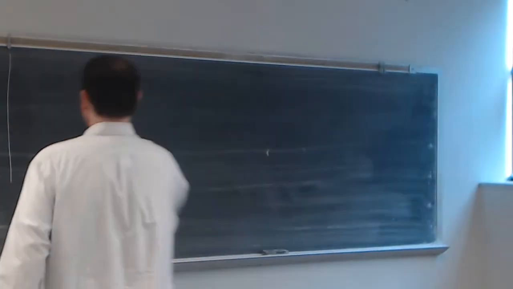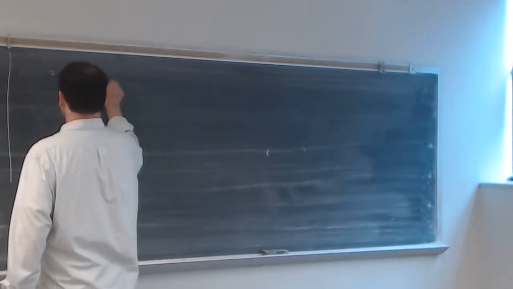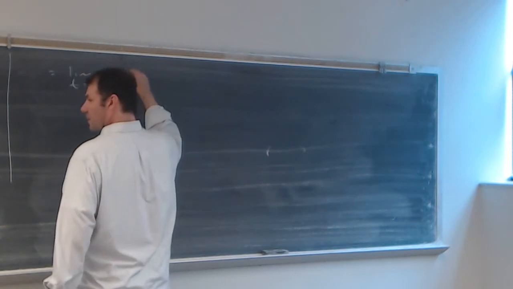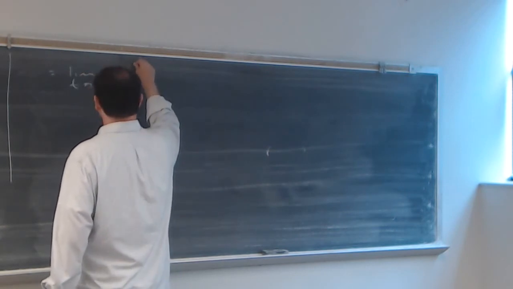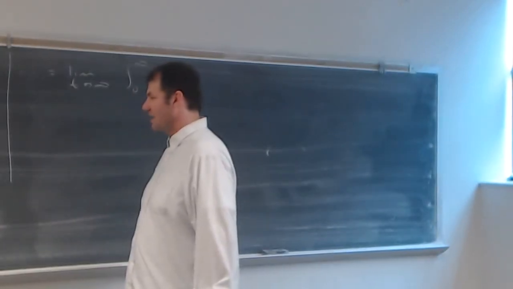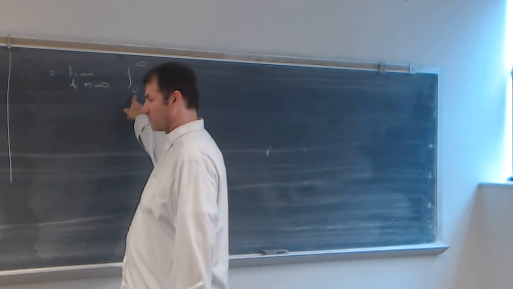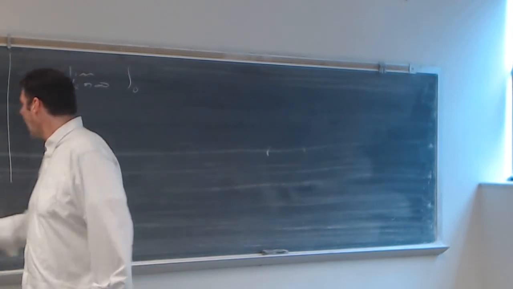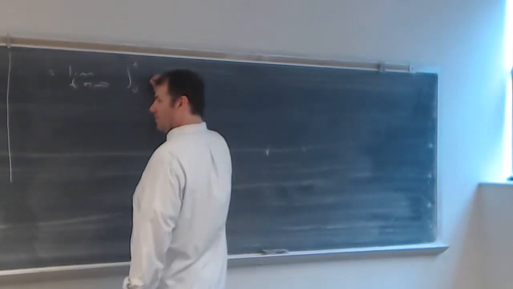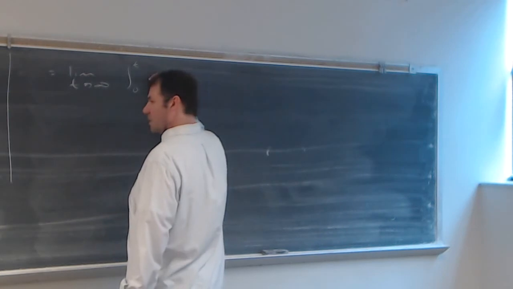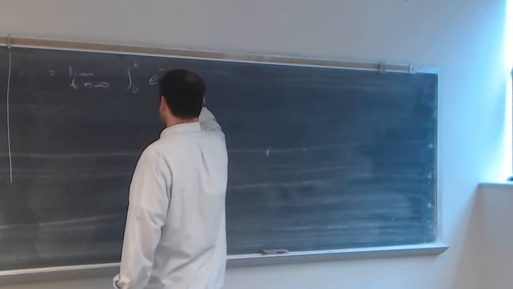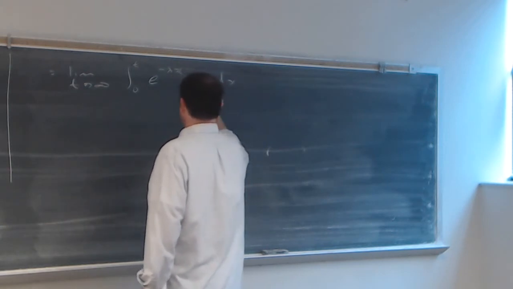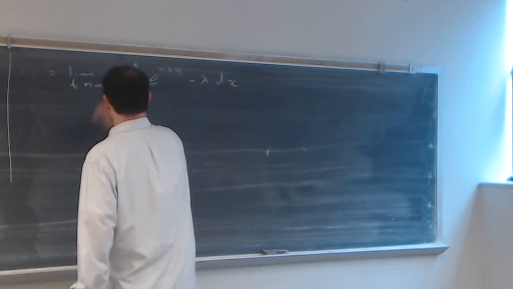I need that minus lambda for the du, so I rewrite the integrand as e to the minus lambda x times minus lambda dx, and I put a minus out front to compensate.